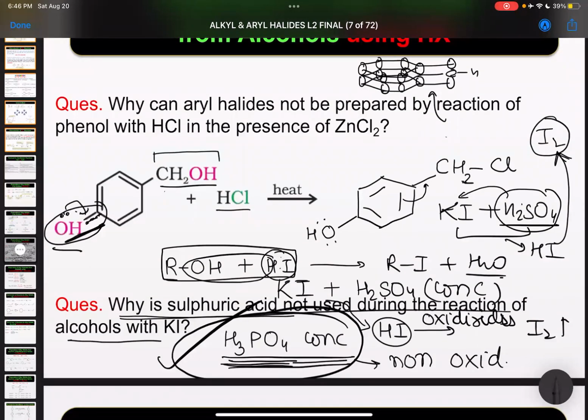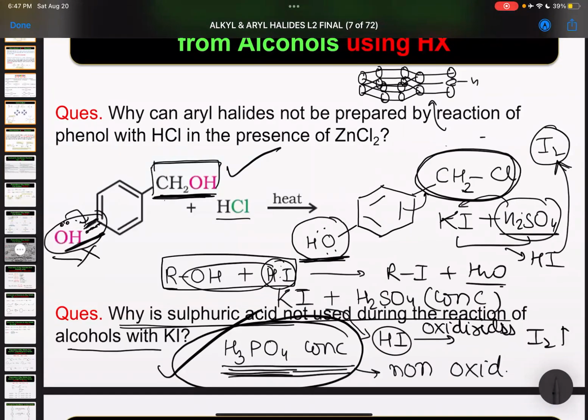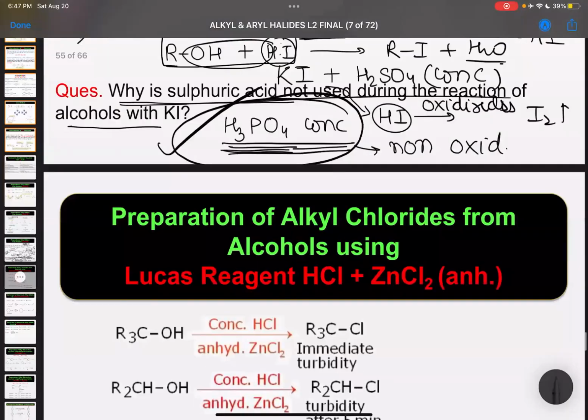Aliphatic means the ones connected to a normal carbon group, not to the benzene, because if the OH is connected to benzene, the lone pair of that OH will interact with the benzene electron cloud and it will have some double bond character. It will not come out easily. So I put OH here, I removed the OH here and it reacted, and this one has not reacted. Clear? Okay.